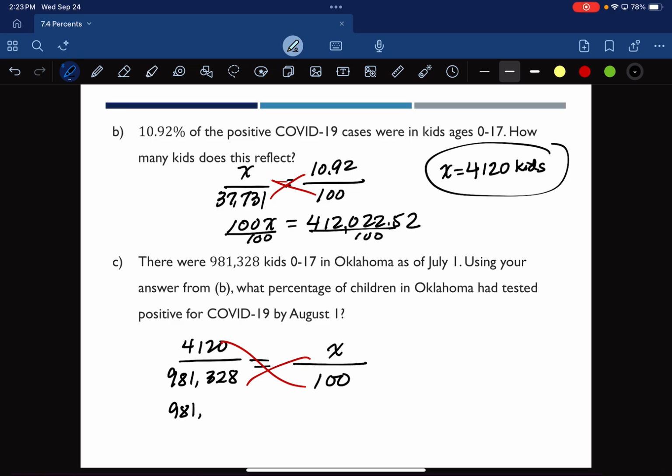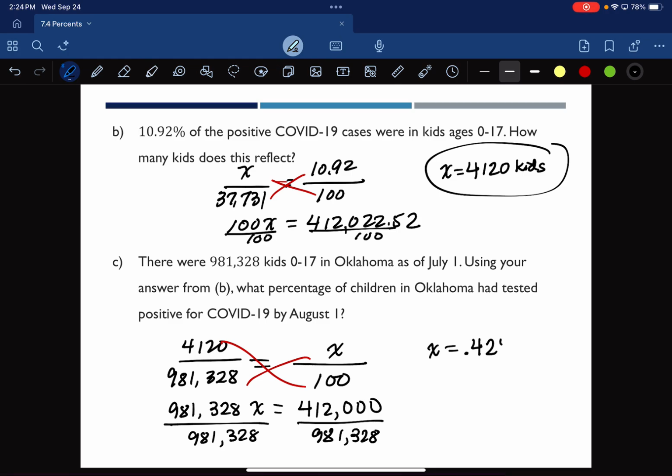I have 981,328x equals 412,000. I think that's right. We'll divide by our 981,328. And you have a percent.